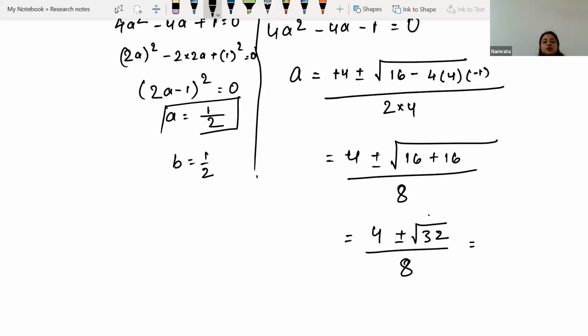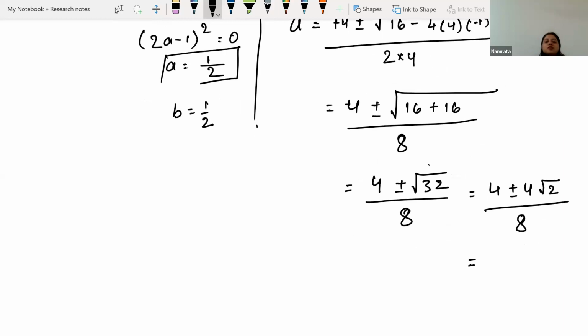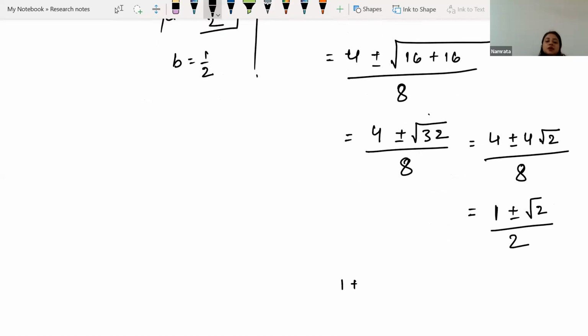So 4 will come out. So 4 plus minus 4 root 2 divided by 8. Let's take out 4 common. So we will be having 1 plus minus root 2 by 2. So two values we got from here, 1 plus root 2 by 2 and 1 minus root 2 by 2 as a value, a.